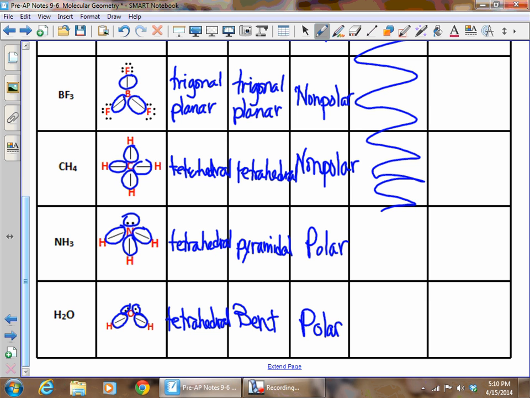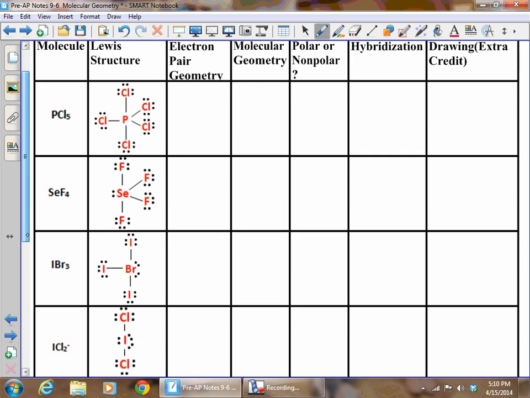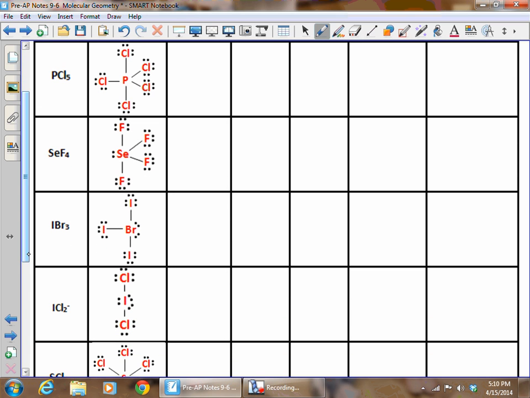So that takes care of our first three major structures: linear, trigonal planar, and tetrahedral, and the three different structures for tetrahedral depending on the number of lone pairs. Now let's go to the next set, and once again you're going to want to pause this and draw these first four structures, and then once you do that, start it back up again, and I will scroll it down so you can draw the bottom one.